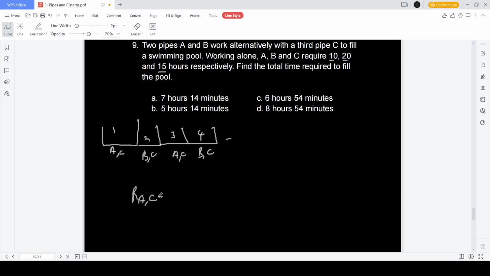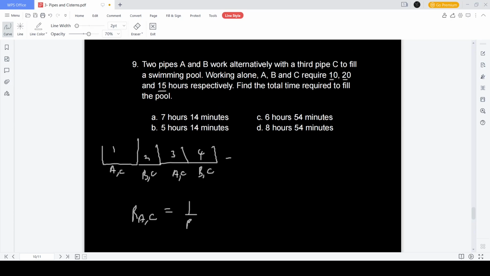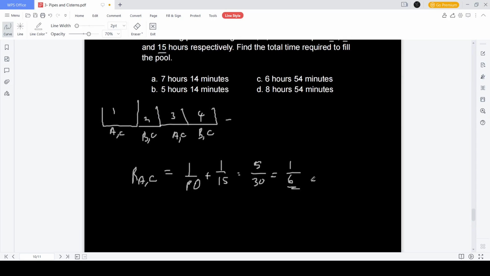The rate of A and C is 1 by 10 plus 1 by 15, which is 5 by 30, which is 1 by 6. We'll write it out of 60, just because 60 is the number of seconds in a minute.